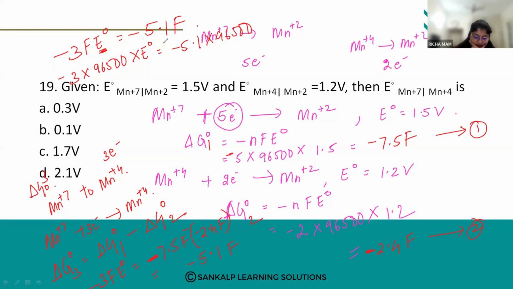Minus 3 into 96,500 will be minus 2.89 into 10 raised to 5. Equal to minus 5.1 into 0.50, divided by minus 2.89 into 10 raised to 5. So I'm getting E naught as 1.7.